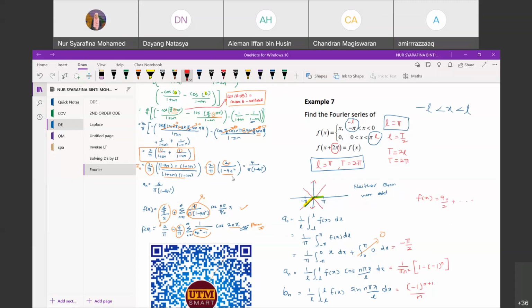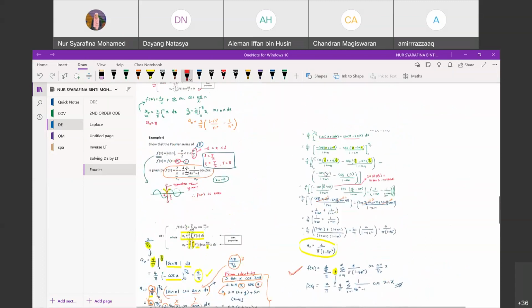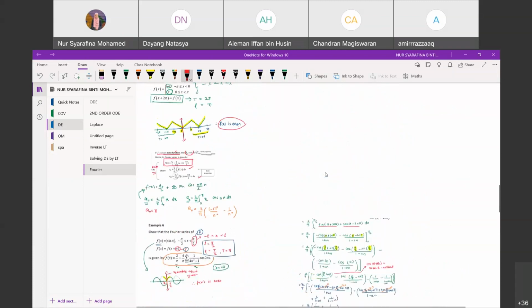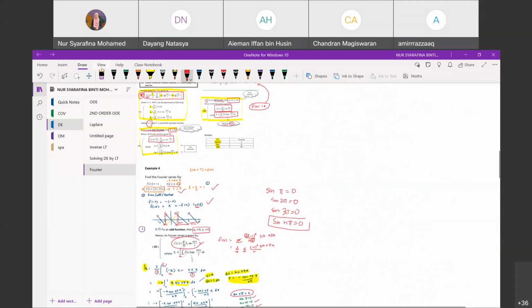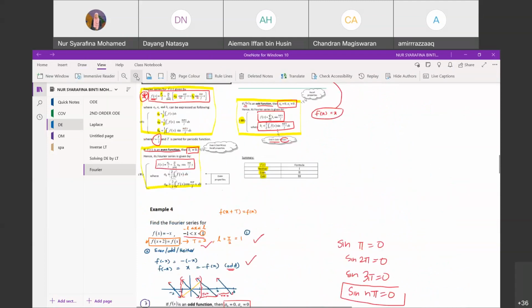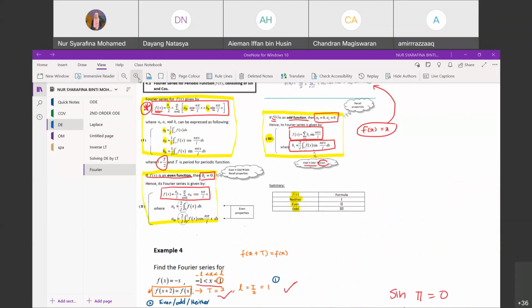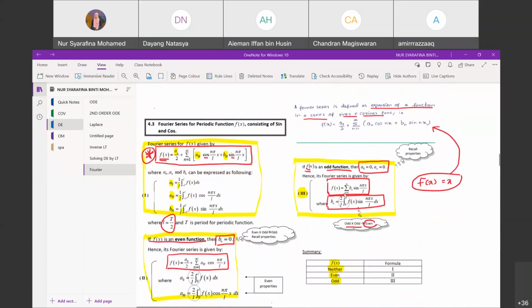So it is neither even nor odd. That's why the function f(x) equal to x and 0 here from negative pi to pi is neither even nor odd. When you have a function that is neither even nor odd, you have to use formula 1, where from the Fourier series here, you have to consider all a0, an and bn. This one.